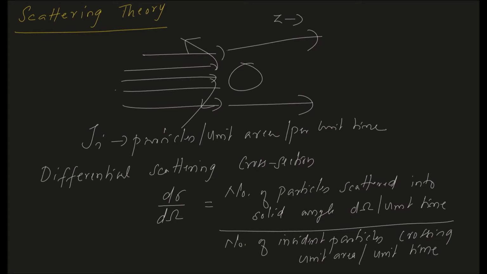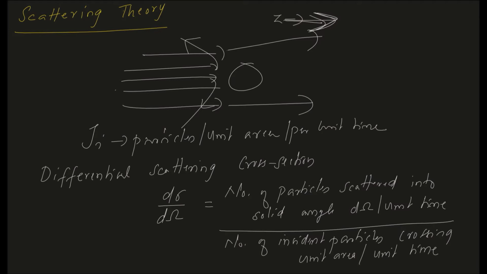So what we are considering is a beam of particles which is moving along this direction. Conventionally for scattering experiments, we take the z direction along our conventional x direction. And we have an influx of Ji particles per unit area per unit time incident from the left side. Then we define the differential scattering cross section, which is the ratio of the number of particles scattered into solid angle d omega per unit time to the number of incident particles crossing unit area in unit time.